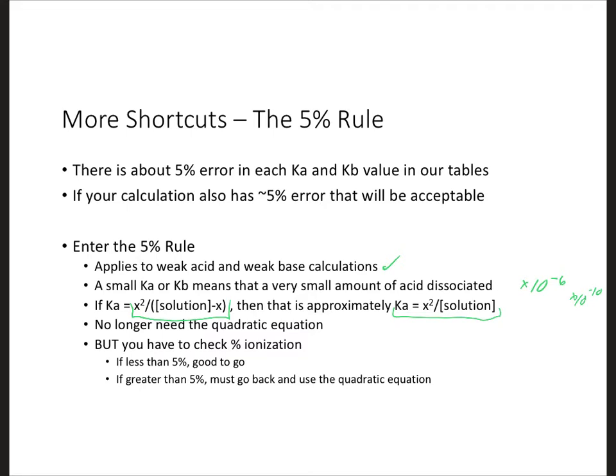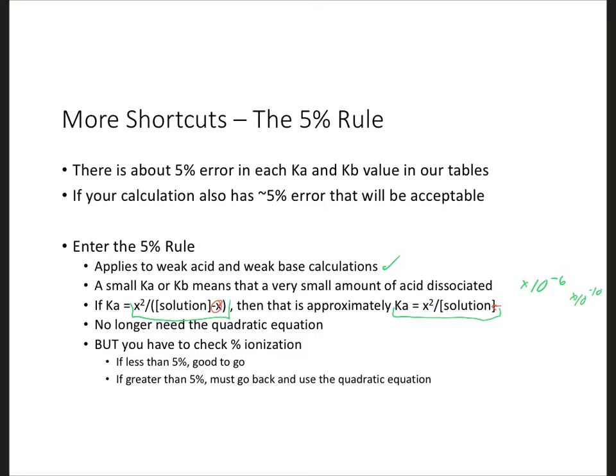So if you had a starting concentration of 0.5 molar and very little of it dissociates, then the concentration at the end is still very close to 0.5 molar. And so all they did was take out this minus x term. You don't see it here. They took out that minus x term because not much of the acid actually dissociated.